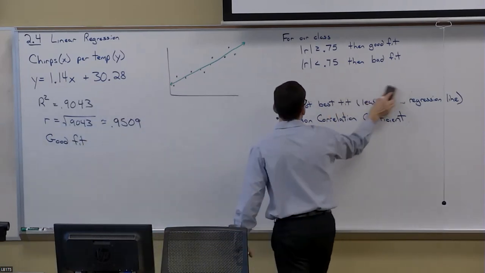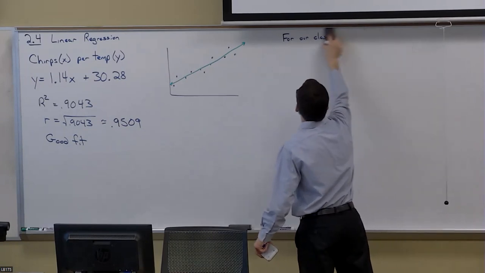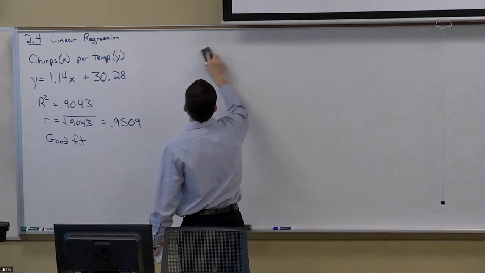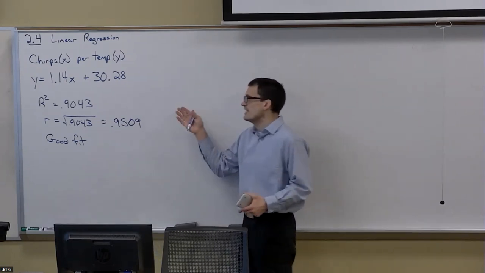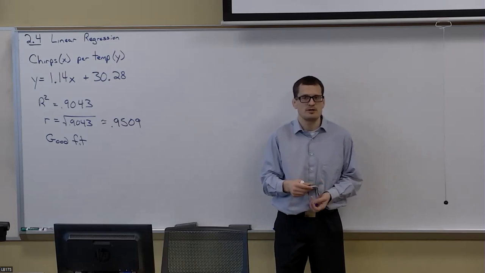So technology usually gives us those two things. Once we're given those two things, then we can say, yeah, the data fits the line pretty well, or the line fits the data pretty well.